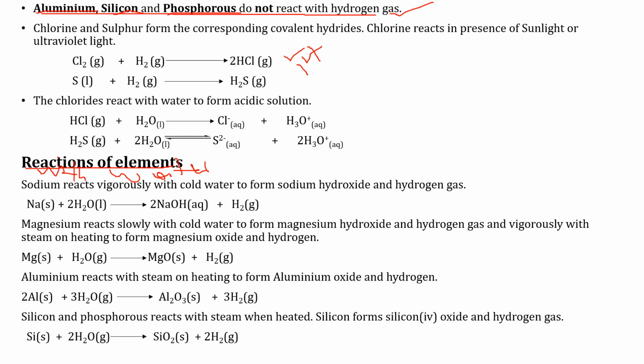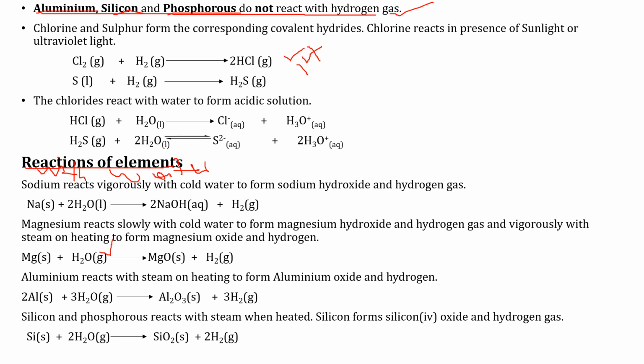Now you should take note that it's only sodium that reacts with water, and you are going to find that all other elements are going to be reacting in form of steam. So it's only sodium in period 3 that's going to react with water. Magnesium just slightly reacts with water, but we don't consider that reaction. The only vigorous reaction magnesium has with water is when water is in form of steam, as applied here.